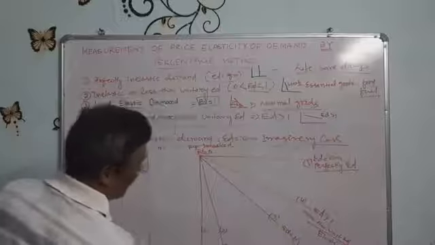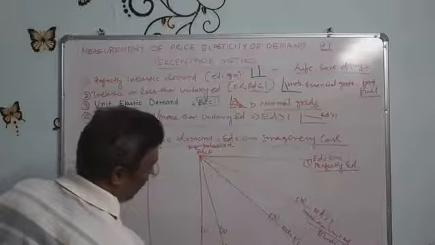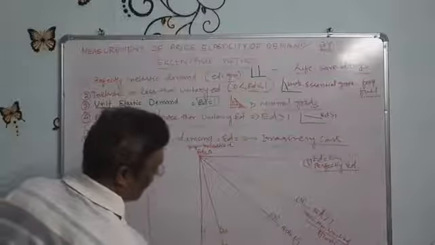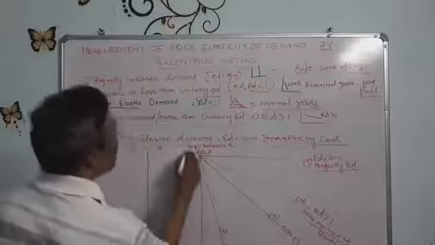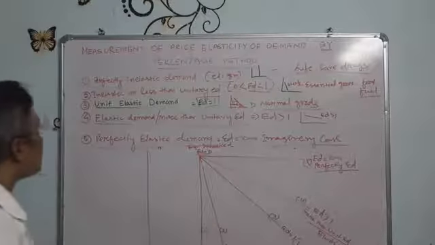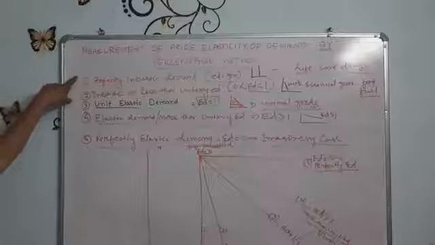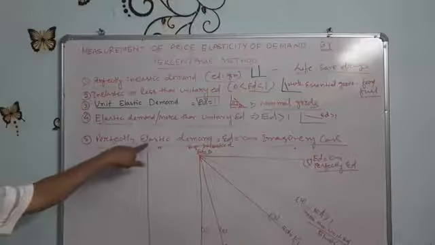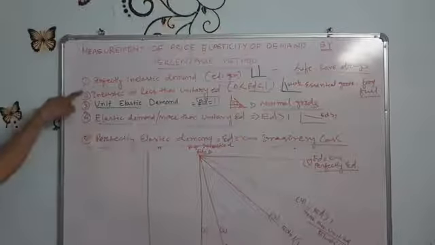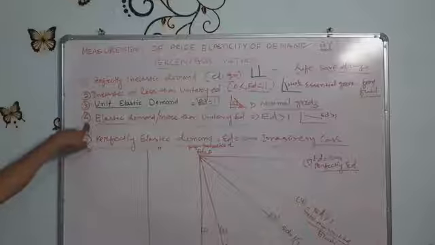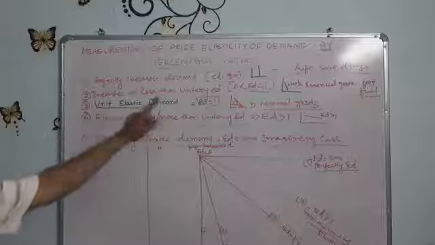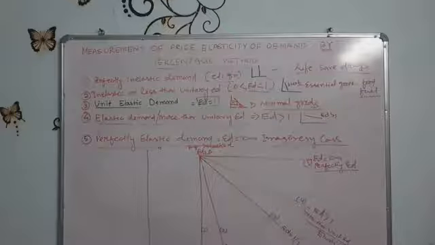This is inelastic demand, and this is perfectly inelastic demand, which is the reverse of perfectly elastic demand. Inelastic demand is the reverse of elastic. Third one is unit elastic demand, where the elasticity of demand equals 1.